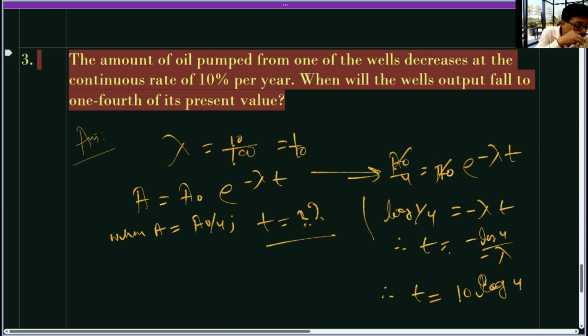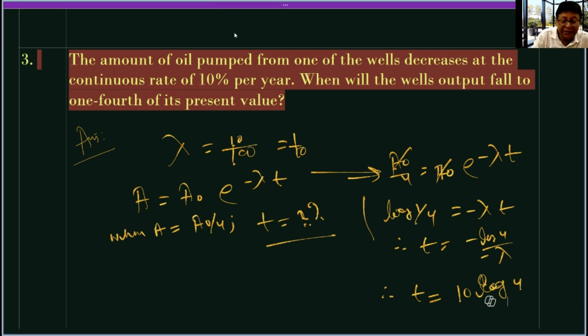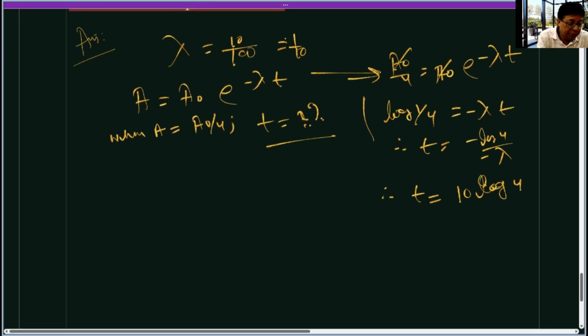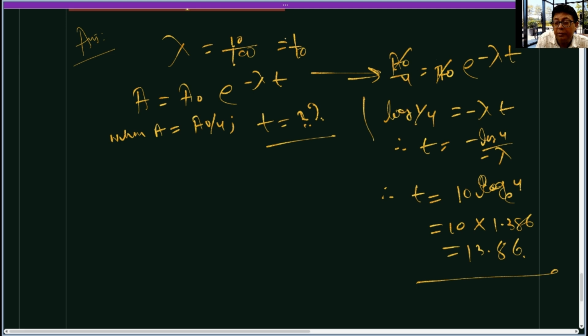Now substitute the value of log 4 to get the desired answer. Go to the table again. Base e, nothing is mentioned, means base is e. Its value is showing here, 1.86 years. Understood? Go for next one.